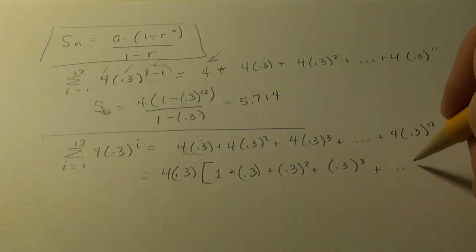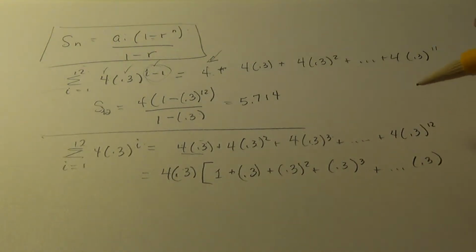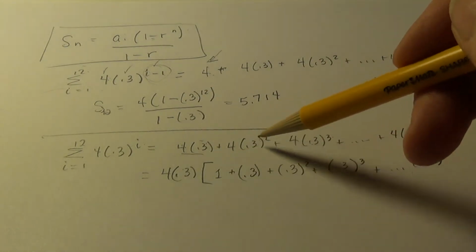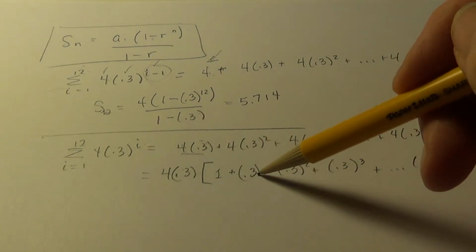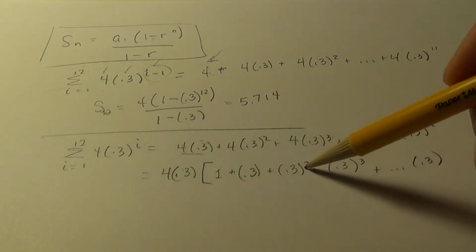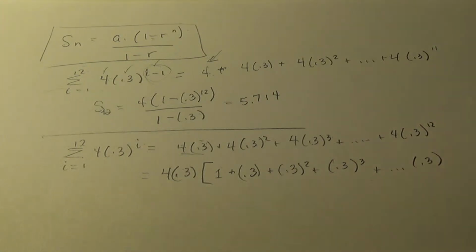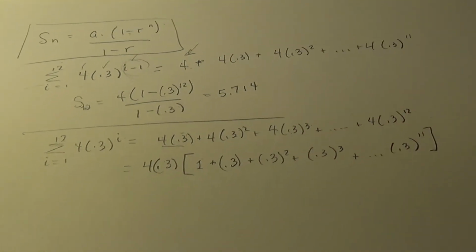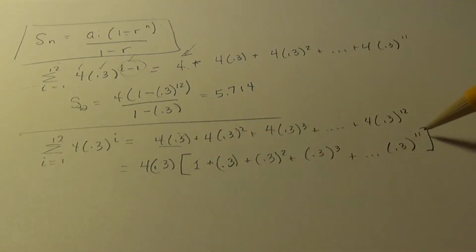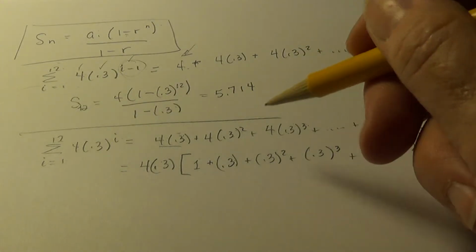Let's see, this one gave us 1, this one gave us 2, so the very last term should give us 0.3 to the 11. There are still 12 terms, but that last exponent will be 11.